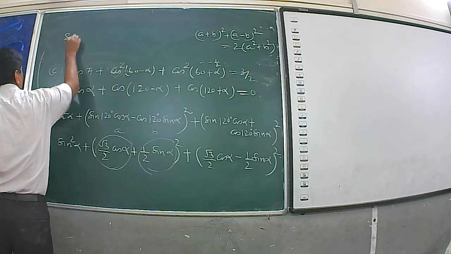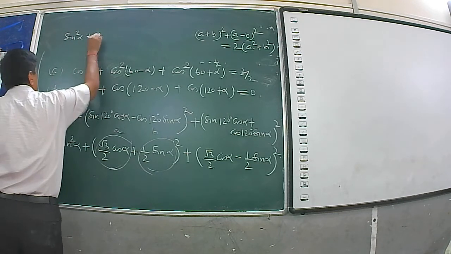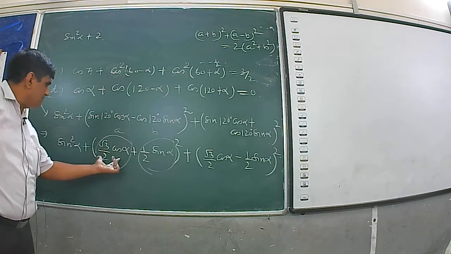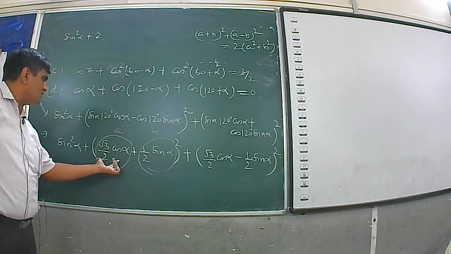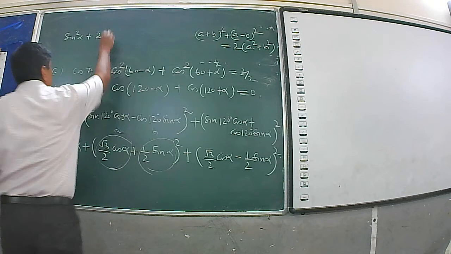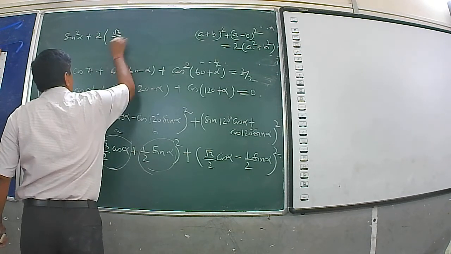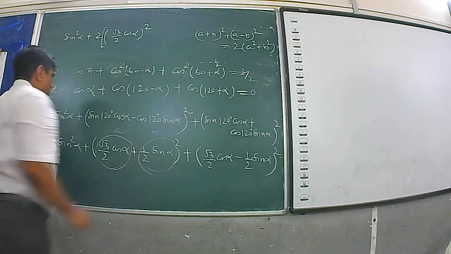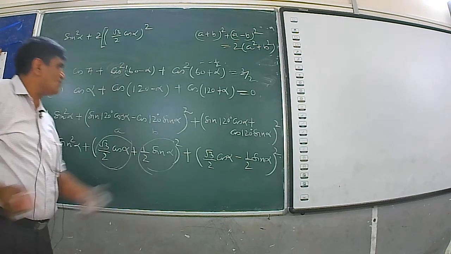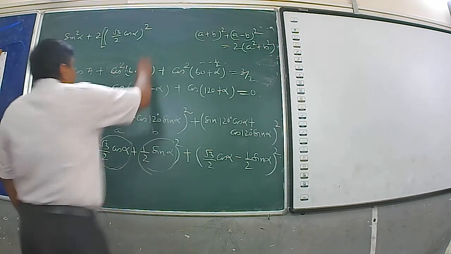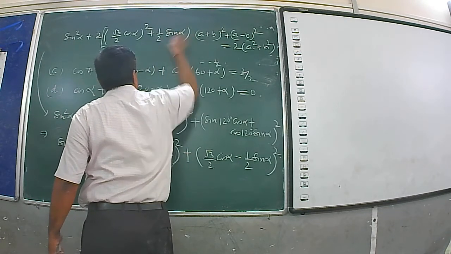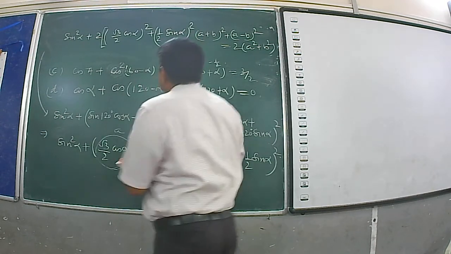sin square alpha plus 2 times of a square plus b square, meaning root 3 by 2 cos alpha whole square plus b square, 1 by 2 sin alpha whole square.